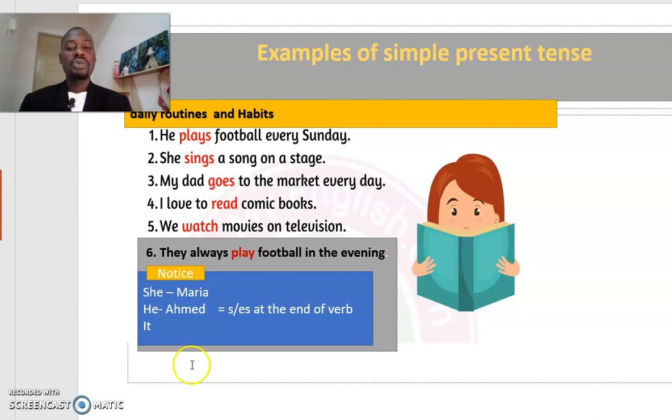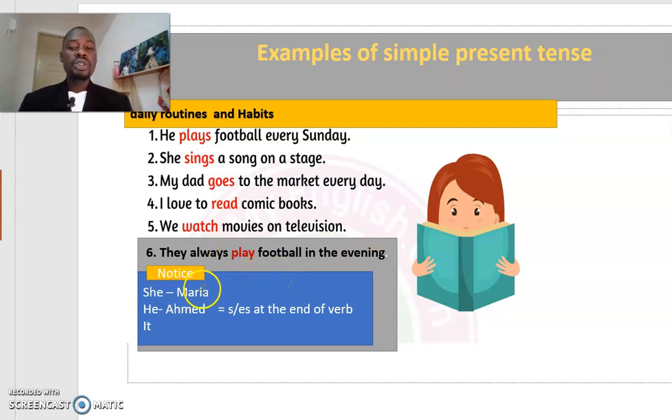The reason why we didn't put s is because the verb here is infinitive and the subject is they. We mentioned that when the subjects are I, we, you, they, the verb should be infinitive. That's why the verb "play" is infinitive.